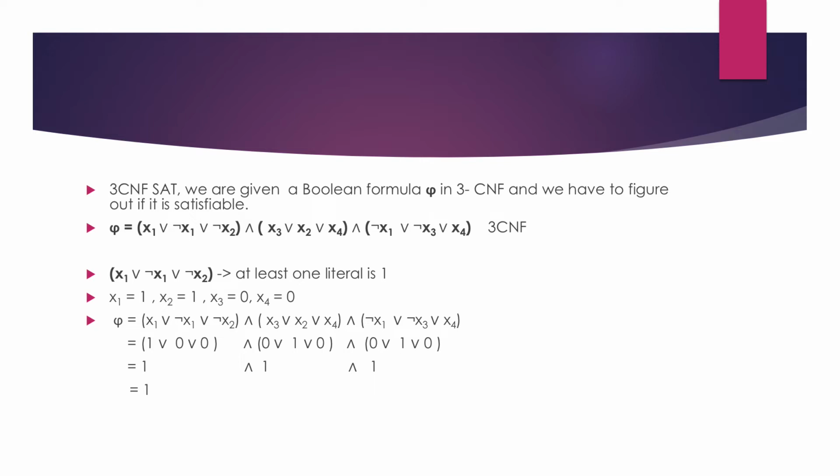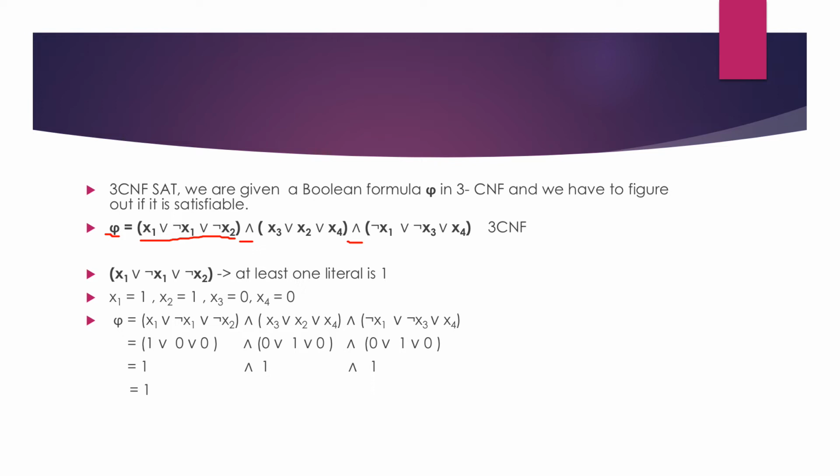Satisfiability is trying to find an assignment to the different variables such that the formula yields 1. So we can see that in this particular case, each clause has to evaluate to 1 for phi to evaluate as 1, and each of them has been connected by an AND.